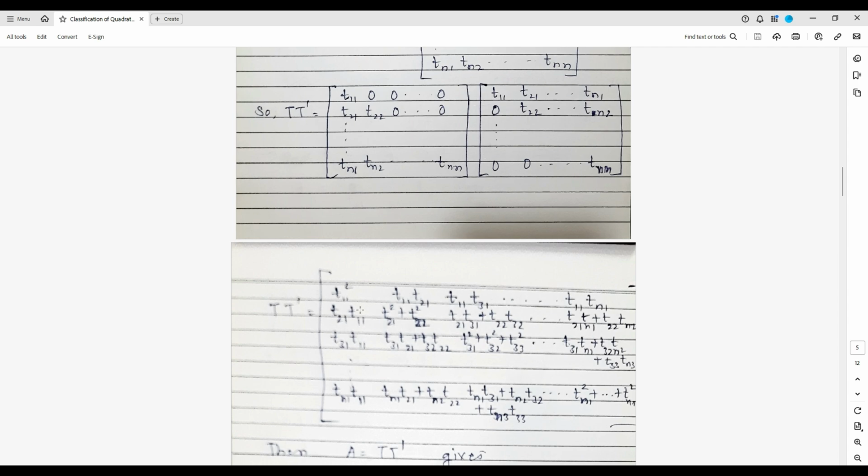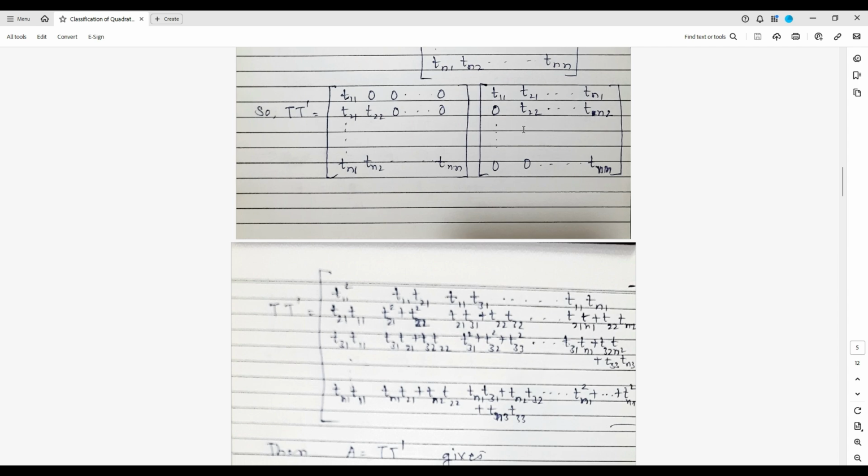And so the first element in the second row would be simply T21 into T11. Now let us consider the second element in the second row. That would be the product of the second row and second column. So it would be T21 into T21, that is T21 square, plus T22 into T22, that is T22 square.